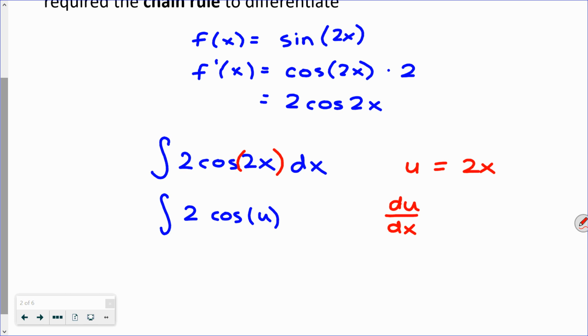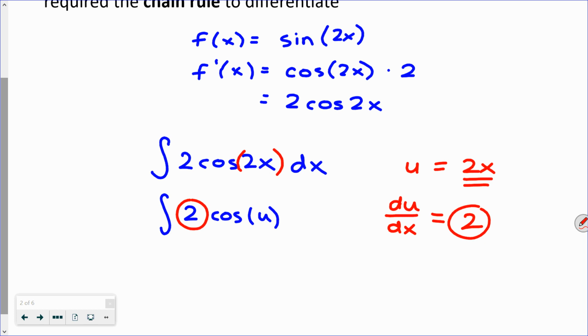And this is a notation that you might remember means derivative. So we actually want to write down the derivative of the u that we've just defined. So basically we're looking to take the derivative of this 2x statement. The derivative of 2x is just 2. So what we see is that this extra 2 that is sitting over here actually matches this derivative of the thing that we've defined as u.